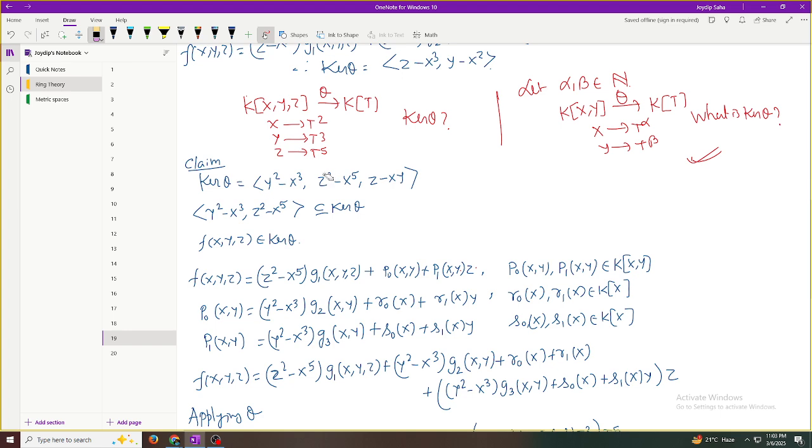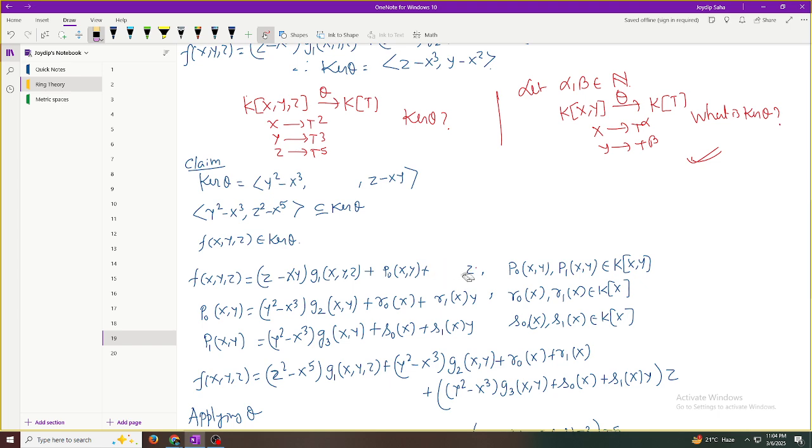I want to say that I am choosing this generator. Then this is z minus xy, p0(x), only this, right?